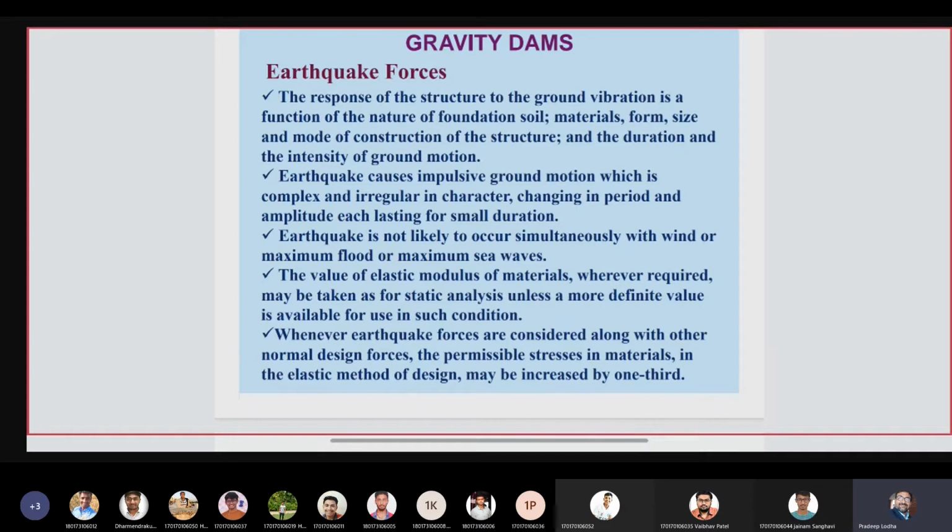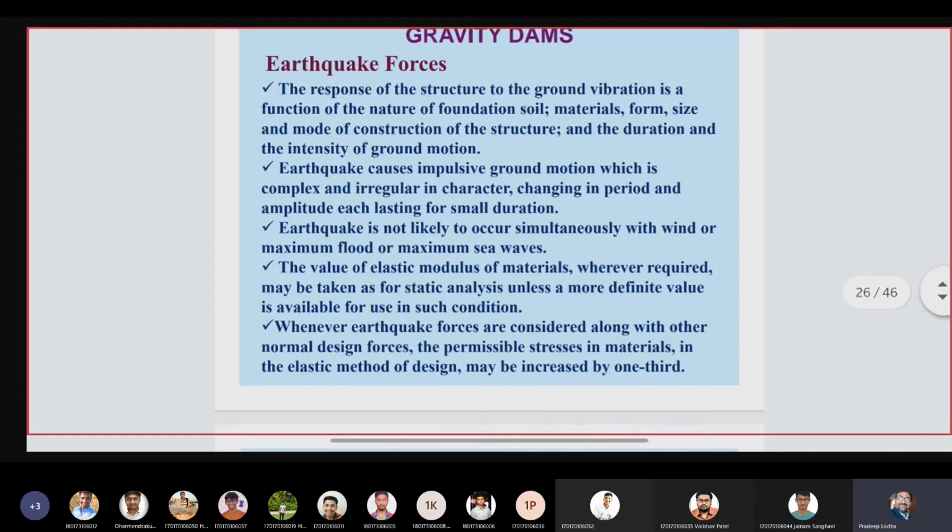You should not forget to increase the permissible stresses, because if you design with the permissible stresses for the normal structure without considering the earthquake forces, then when you consider earthquake forces, you should increase the permissible stresses of IS code 456 by 1/3, so that your design remains economical. If you forget this one small thing, the design would go very much uneconomical.